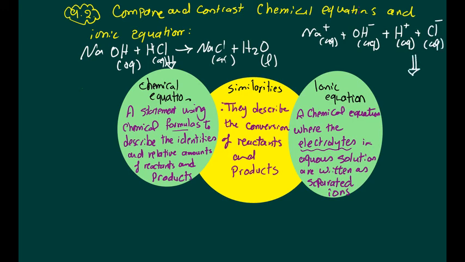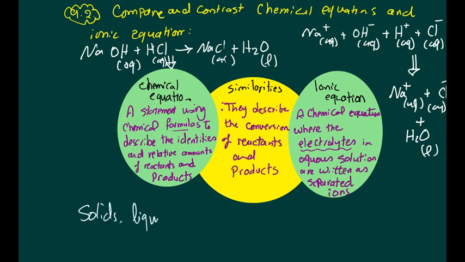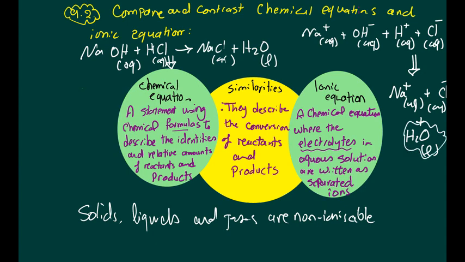The products will be sodium chloride as sodium positive ion and Cl negative ion, plus H2O liquid. Remember that solids, liquids, and gases are non-ionizable. So you cannot dissociate solid, liquid, or gas into ions. Just leave it as it is.